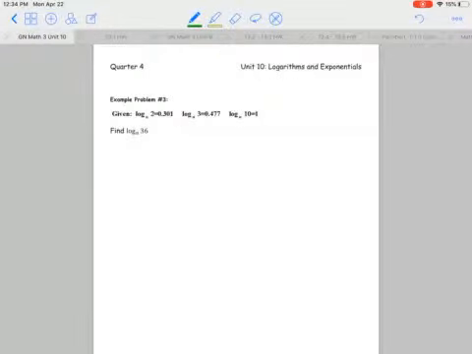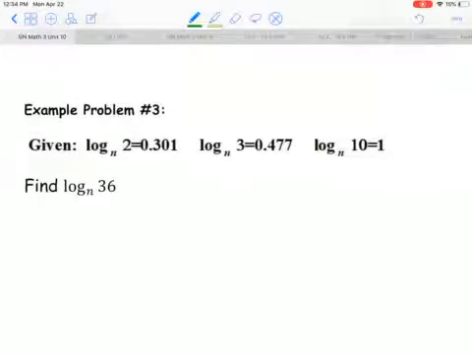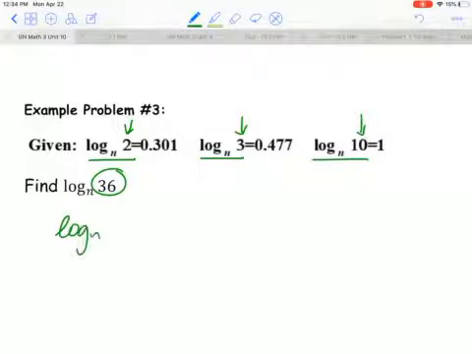Okay, the last one here, this pops up at the end of your homework. When you're given these pieces of information, log 2, log 3, log 10, we have to make this number become something 2, something 3, something 10. There's a couple ways to do it. You can notice, maybe you see 36 is actually 6 times 6.